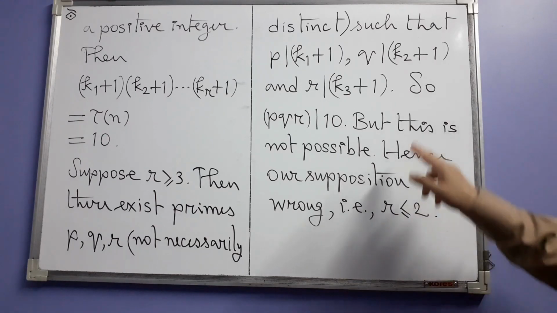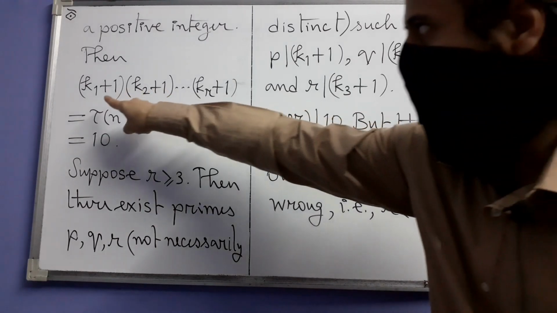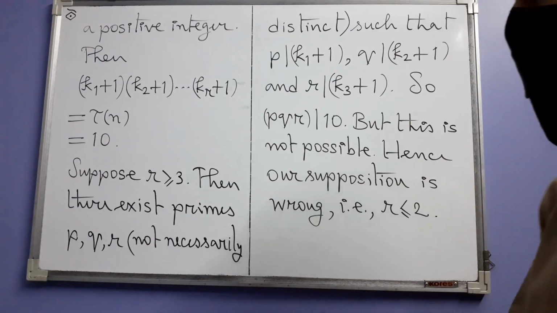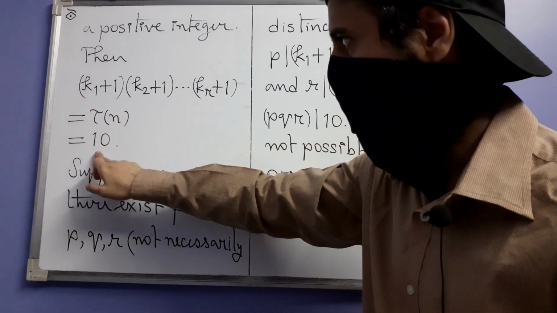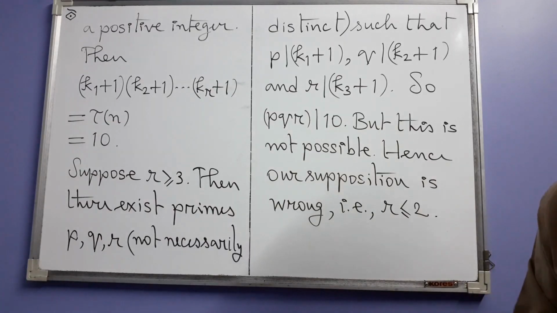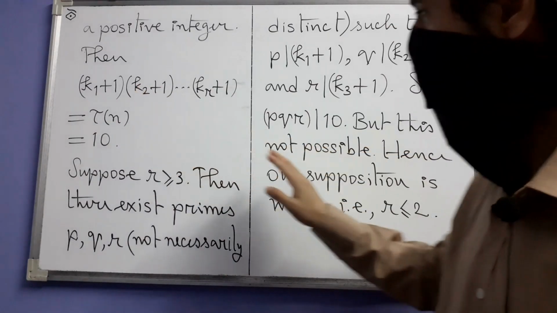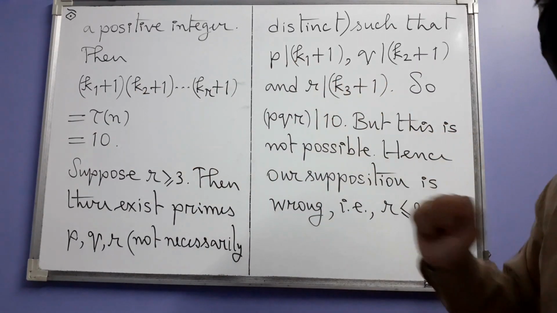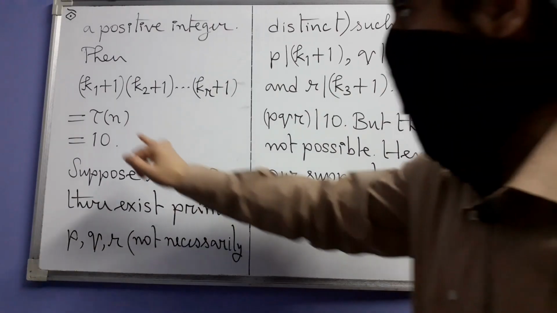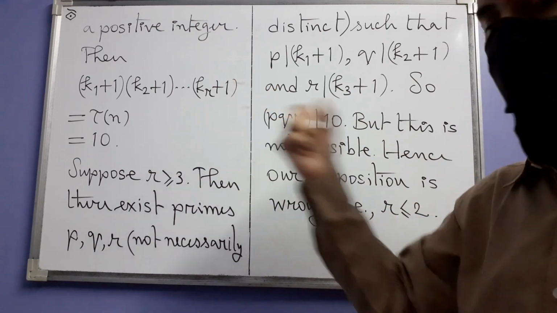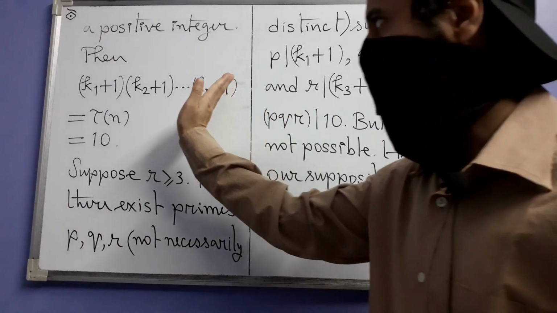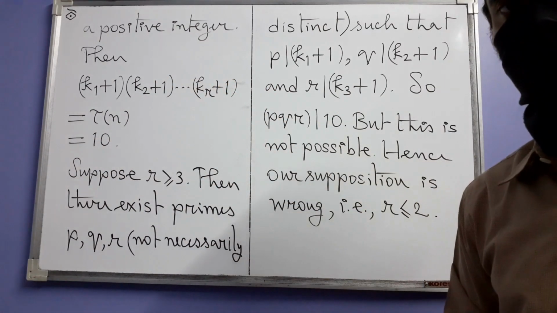But then what do we have? Then from this equation, what do we see? p divides this, and that's why p will divide 10. But simultaneously, they may not be distinct, but the fact is that we do have k1 plus 1, k2 plus 1 and k3 plus 1 on the left hand side of this equation.